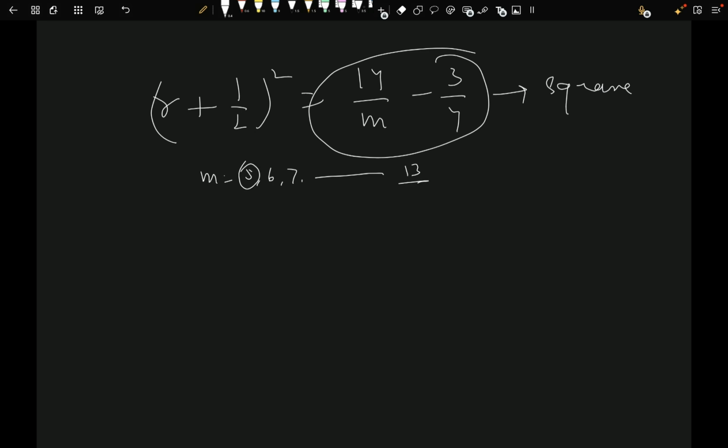Let's check for 5. 14 upon 5 minus 3 upon 4, that is 56 minus 15 over 20, 41 over 20.